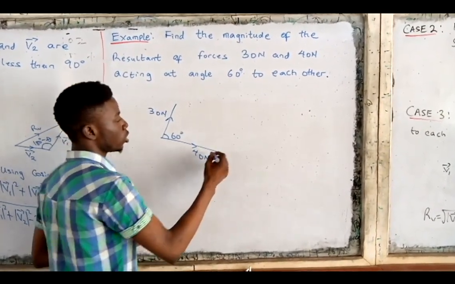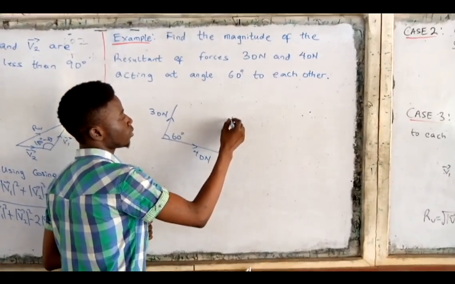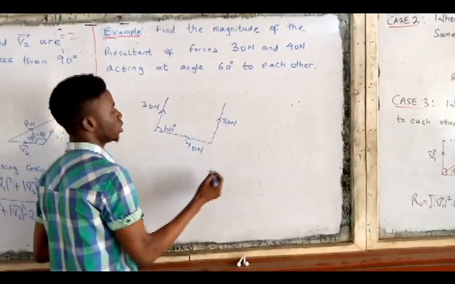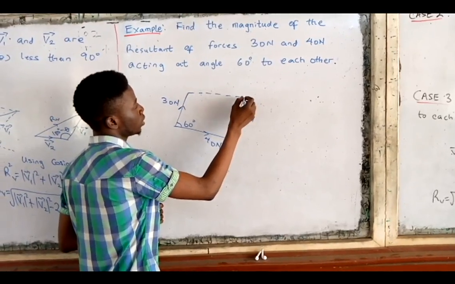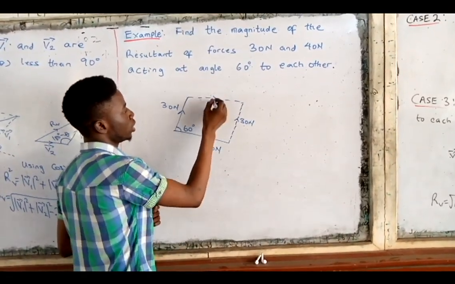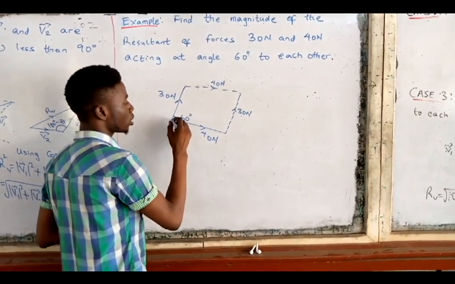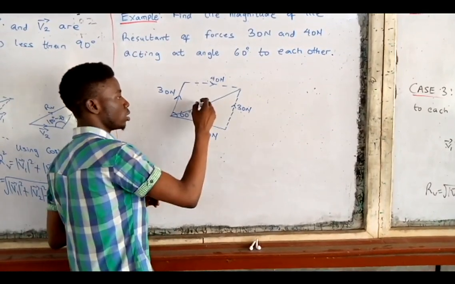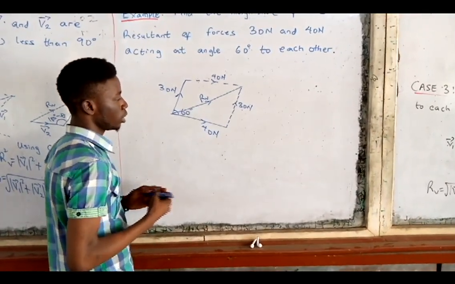Now I can draw a parallel line which is also going to be 30 Newton. Then another parallel force here which is parallel to 40 Newton. It is also going to be 40 Newton in magnitude. Then the resultant vector of 30 Newton and 40 Newton is this, acting in this direction.